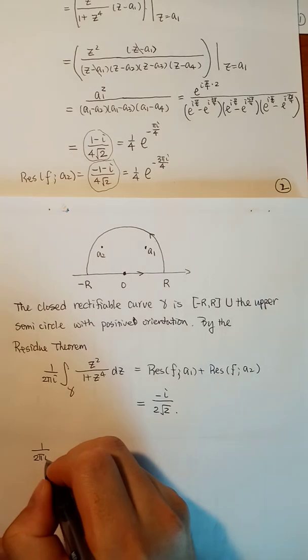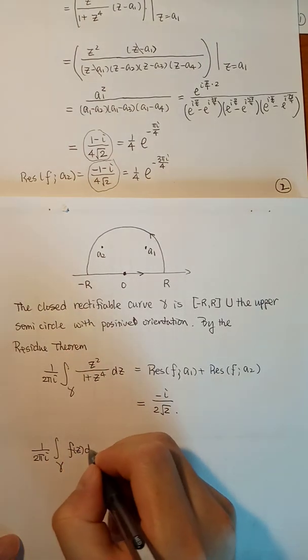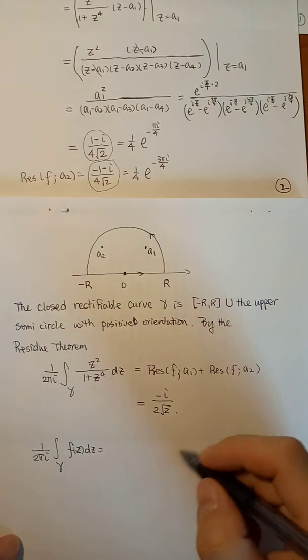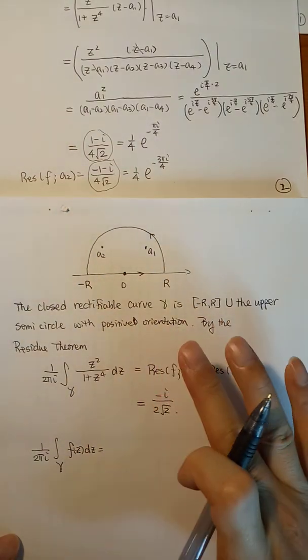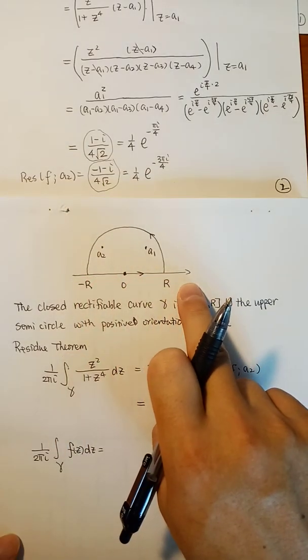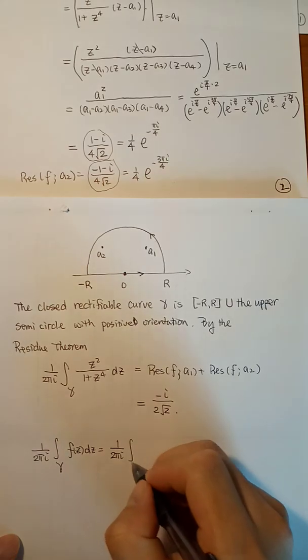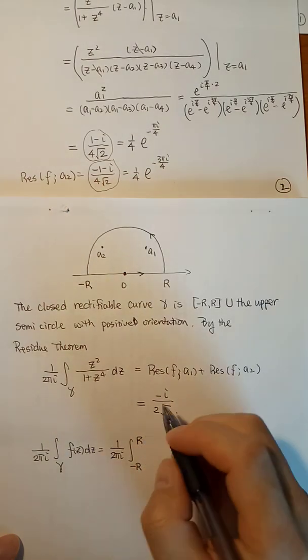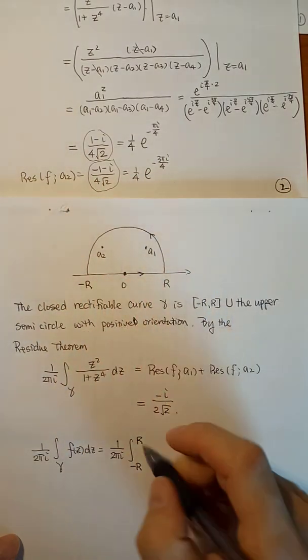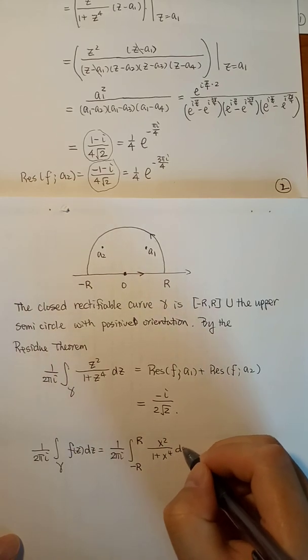And this closed rectifiable curve has two parts. You can have the part along the negative R to positive R. It's a real number, so it's x squared over 1 plus x to the 4 dx.